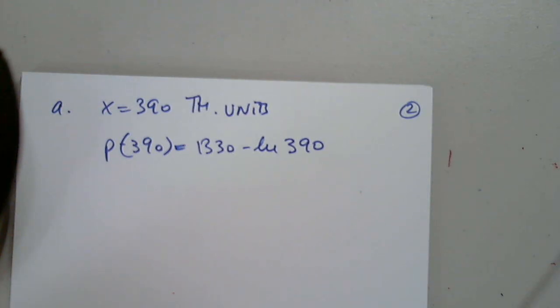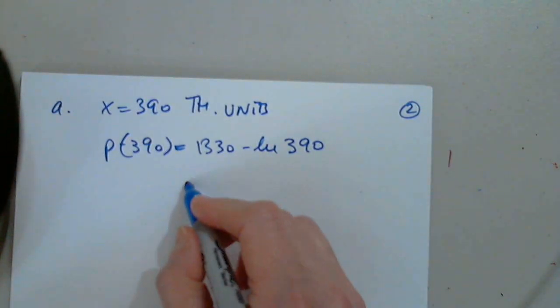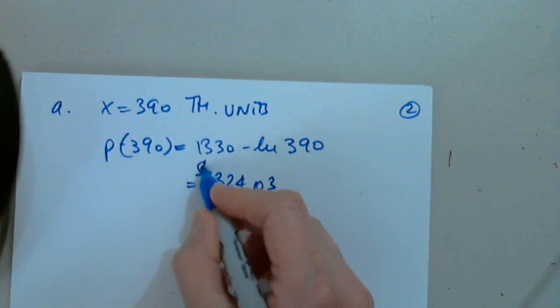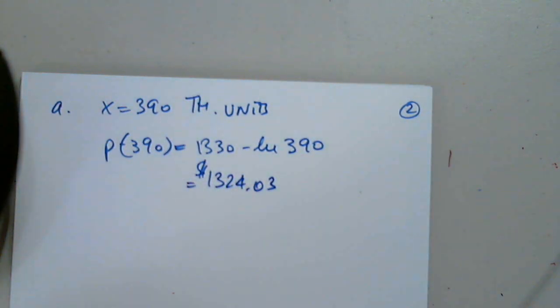So 1330 minus 185 natural log of 390, close, enter. So 1,324.03 because it's dollars per unit.